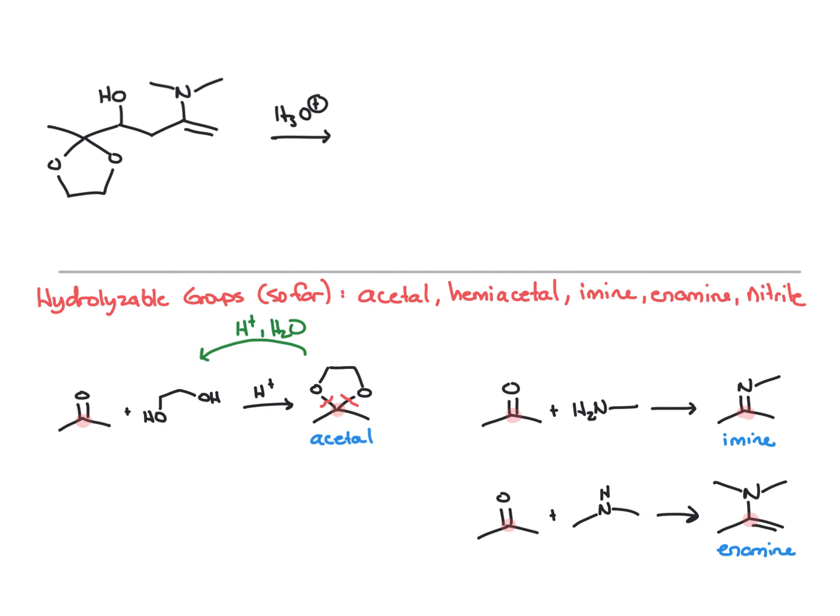This carbon becomes the carbonyl, and these two oxygens come off as the alcohols. Likewise, the imine, we're breaking it here. The nitrogen comes off to give you the amine, and this carbon becomes the carbonyl if you're doing the hydrolysis.